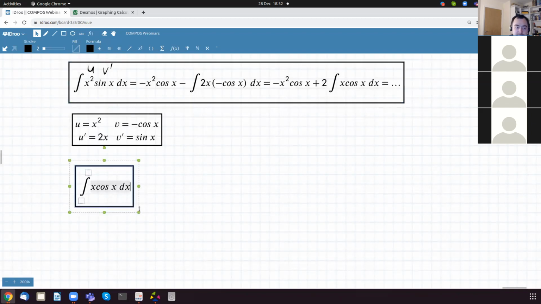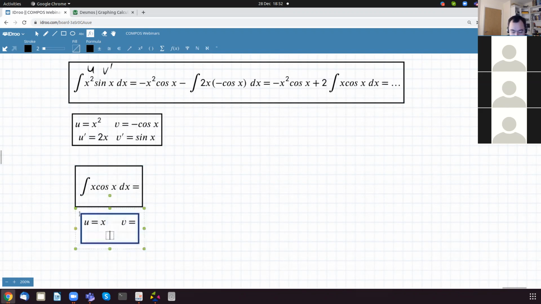And this is another integration by parts. In a very similar way, I write down u is equal to x, v is equal to something we don't know yet. So I can find u prime. u prime is 1, the derivative of x. And we know that v prime is cos x. If v prime is cos x, what is v?